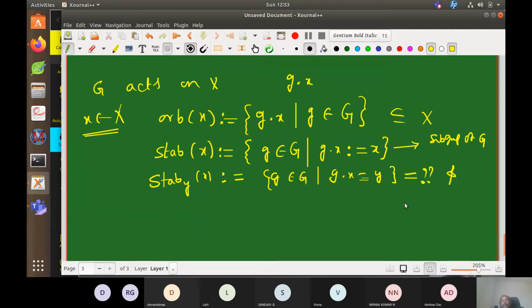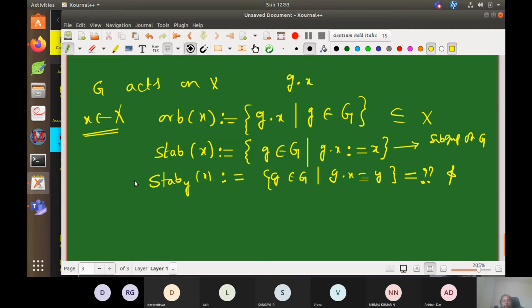Can it be empty? Like in the previous example, if X is (0,0), we can take some non-zero vector Y, then it will be empty. So there is a chance that it can be the empty set also.